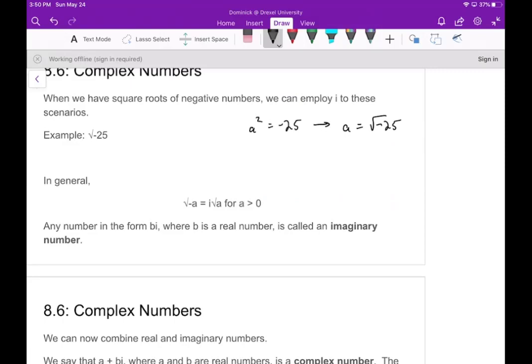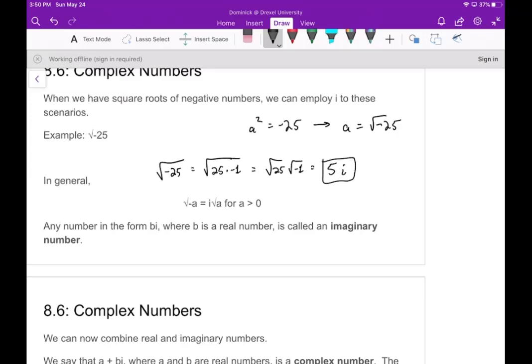But what we're going to do now is say that if we have the square root of negative 25, we could think of this as the square root of 25 times negative 1, which is the square root of 25 times the square root of negative 1. And we know that the square root of negative 1 is just i. So this is 5, since that's the square root of 25, times i.